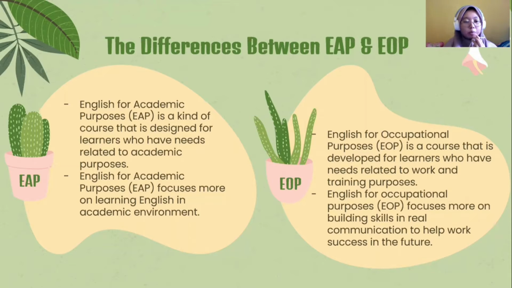EAP focuses more on learning English in an academic environment. Meanwhile, EOP focuses more on building skills in real communication to help work success in the future. Examples of EOP are English for tourism, English for nurses, and so on.